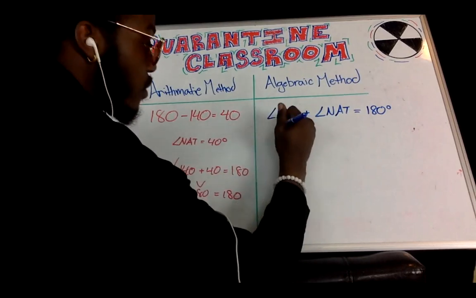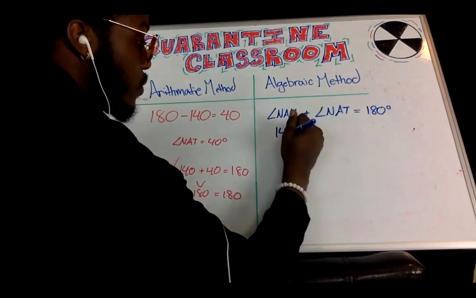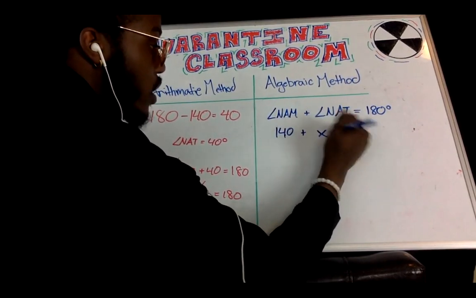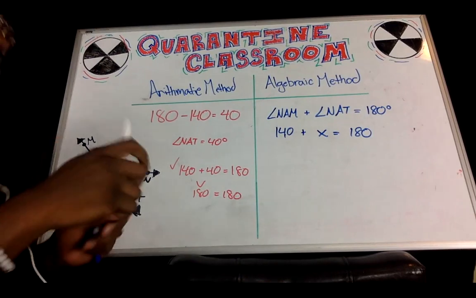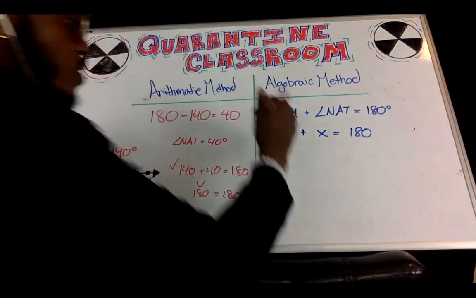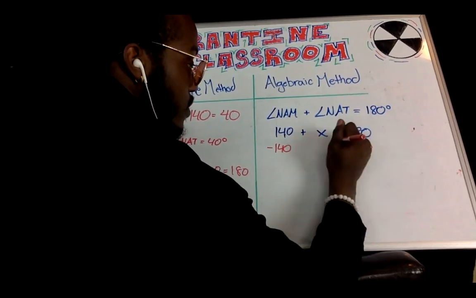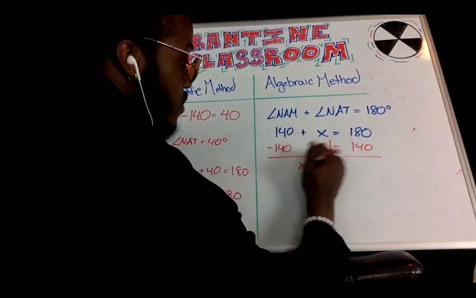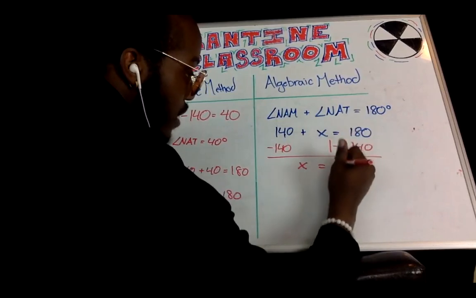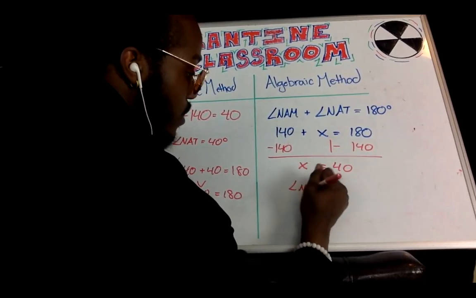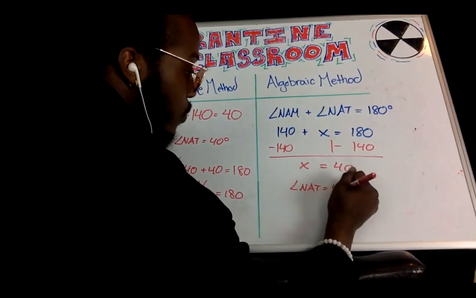We do know that angle NAM is equal to 140 degrees, and that plus our unknown is going to equal 180. And now that we've set up our algebraic equation, we can isolate our variable to find the value of x. 180 minus 140 equals 40, and we know that angle NAT is equal to 40 degrees.